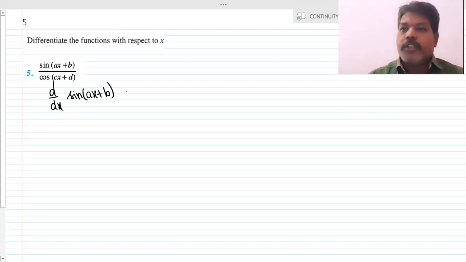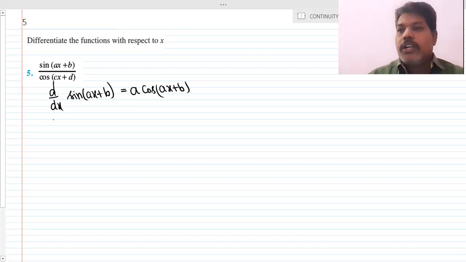The derivative of sine of ax plus b is, first, the derivative of ax plus b, which is a, into cos of ax plus b. Are you understanding, students?